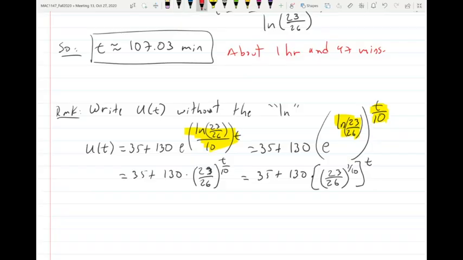So we can say that this is about 35 plus 130 times 0.9878, let's use 4 decimal places, to the t. The big formula that we have there is approximated by this expression.